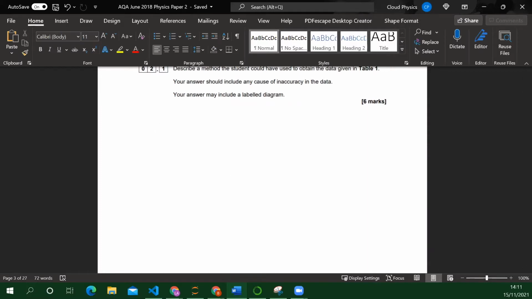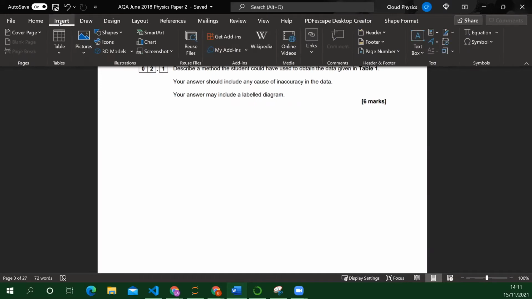In the exam, you'll probably be under pressure and rushing, and drawing a diagram may help you. So we'll write it out first, then draw the diagram. In the exam you'd probably draw the diagram and then label it, but we're going to write it out here as well.